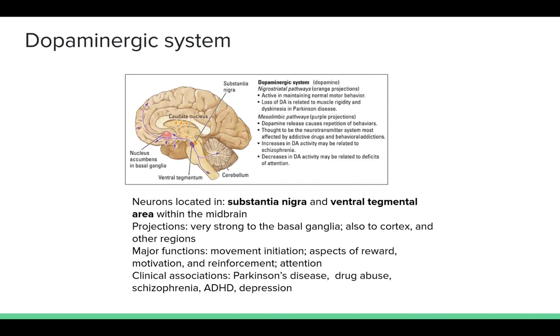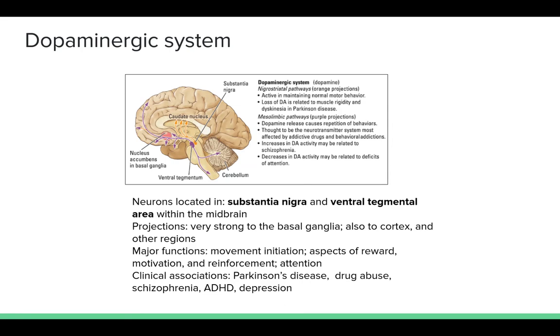The second major system that we're going to talk about is the dopaminergic system. The neurons that synthesize dopamine are located in the substantia nigra and in the ventral tegmental area. Those are located in the midbrain. These send very strong projections to the basal ganglia. They also project to the cortex and a few other regions.